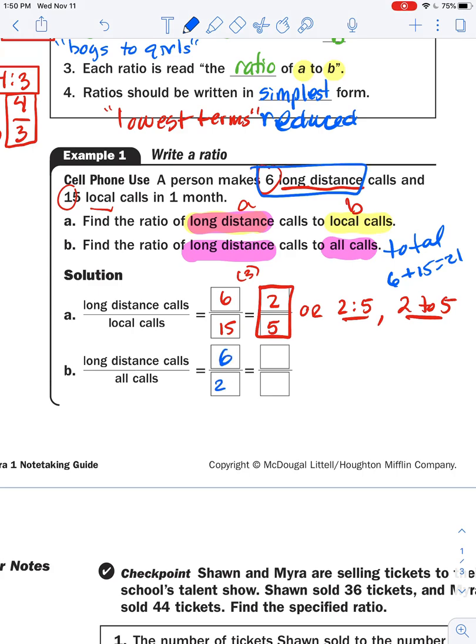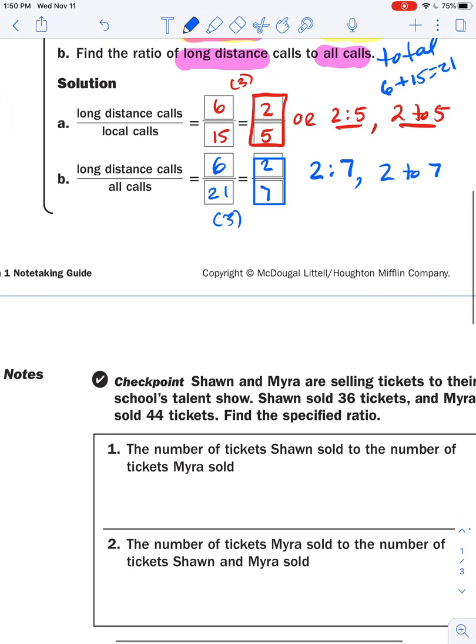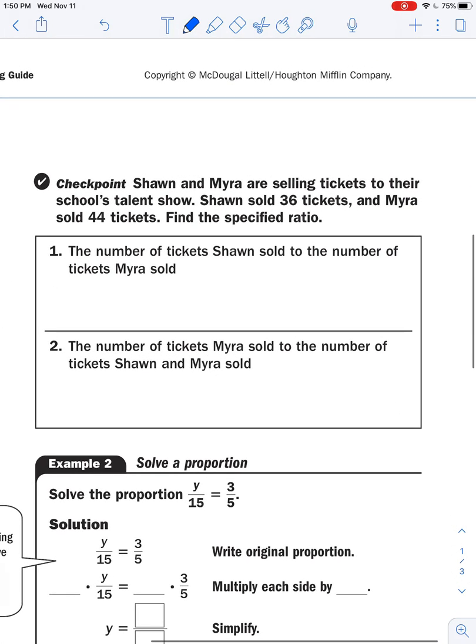So when I look at my long distance calls, that's a 6. When I look at my total, that's a 21. And again, 3 goes into both of those. So it goes into 6 2 times, it goes into 21 7 times. So my ratio is 2 to 7, or I could write it as 2 to 7, or I could write it as 2 to 7.